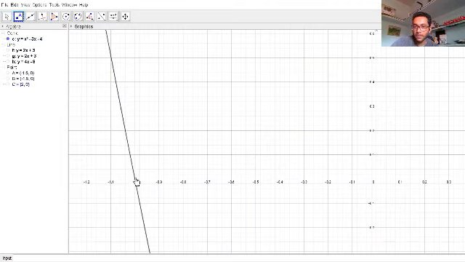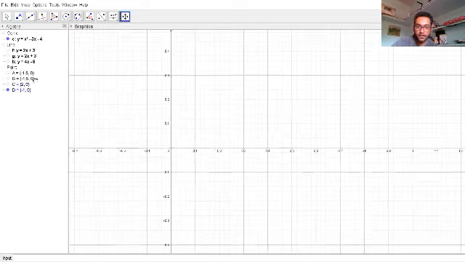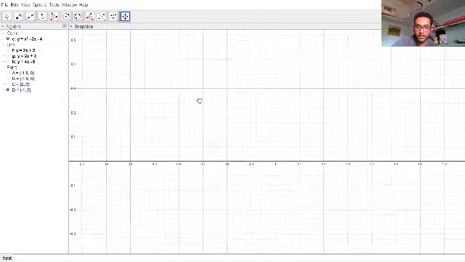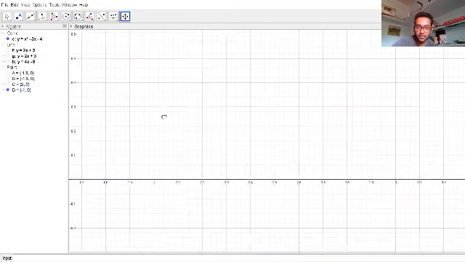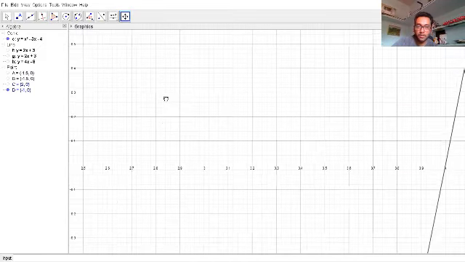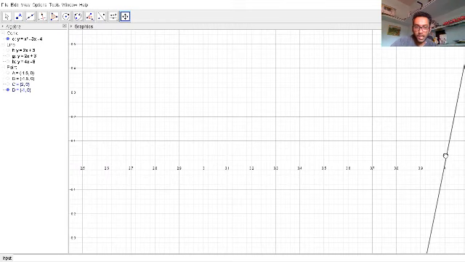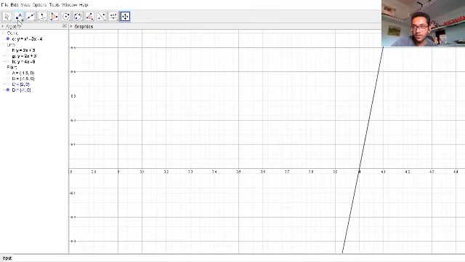Let me mark it. So one of the zeros of this quadratic polynomial is minus 1. The other one is on this side somewhere. Let us find where it is. Oh, here it is. And if you can see, this is 4.